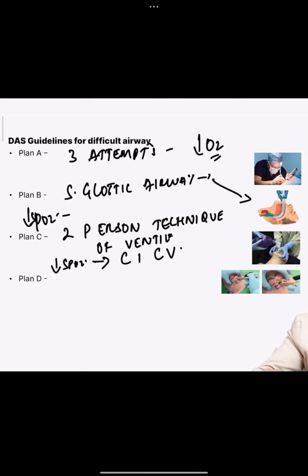For that, you have to go for plan D. Plan D is what? You are now going for emergency front of neck access. Front of neck access with the help of scalpel or needle cricothyrotomy. Okay? Cricothyrotomy. So this is basically the DAS guidelines that we follow. Plan A, plan B, plan C, and plan D for difficult airway management.